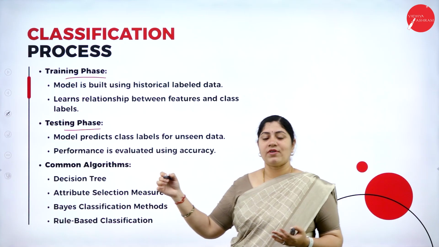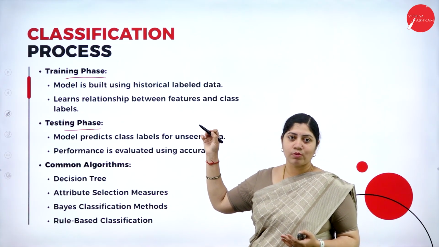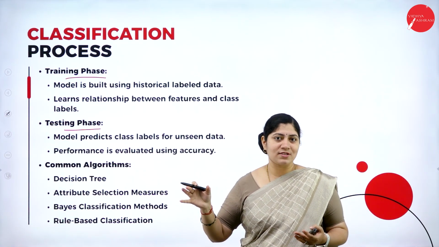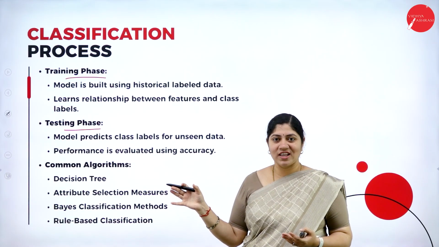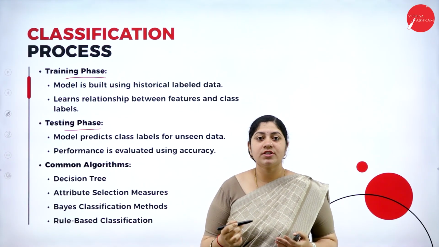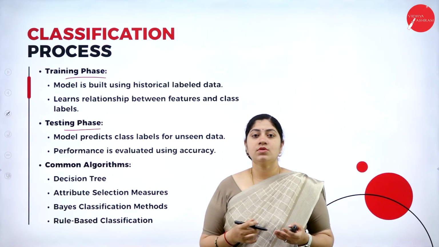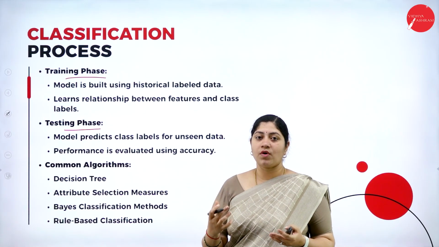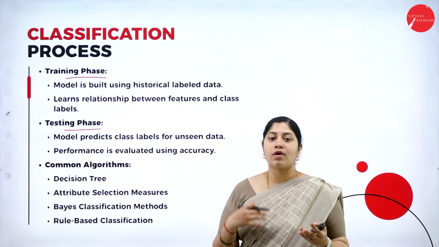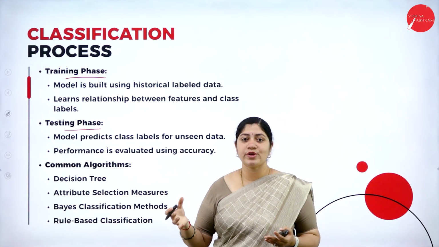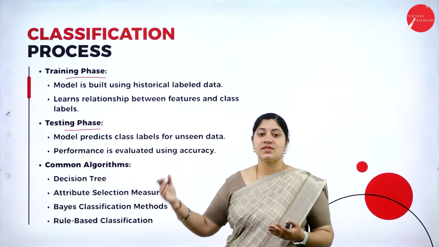Now let's see one by one what exactly the training process is all about with respect to classification. In fundamentals of data science, the model is built using historical labeled data. Then we can go forward and provide training, where it learns the relation between the features as well as the class labels.